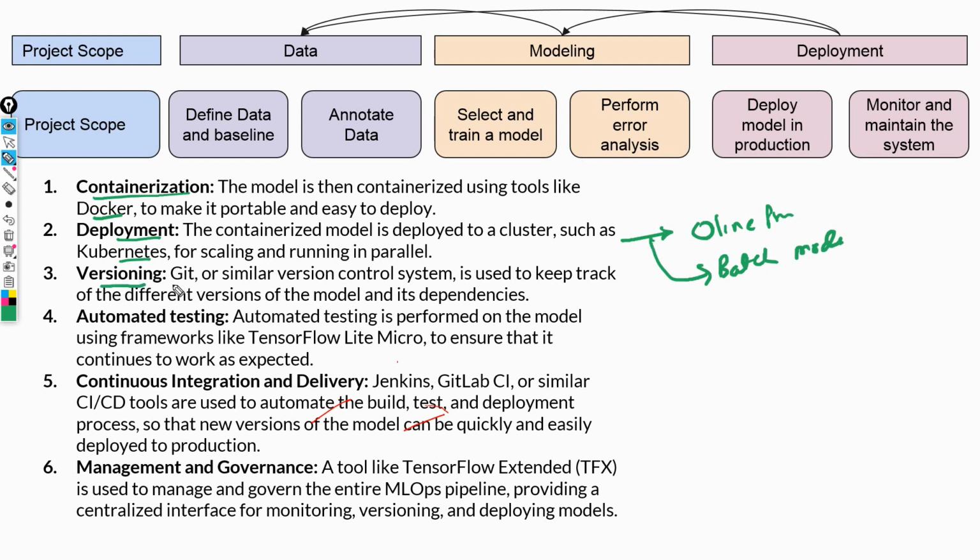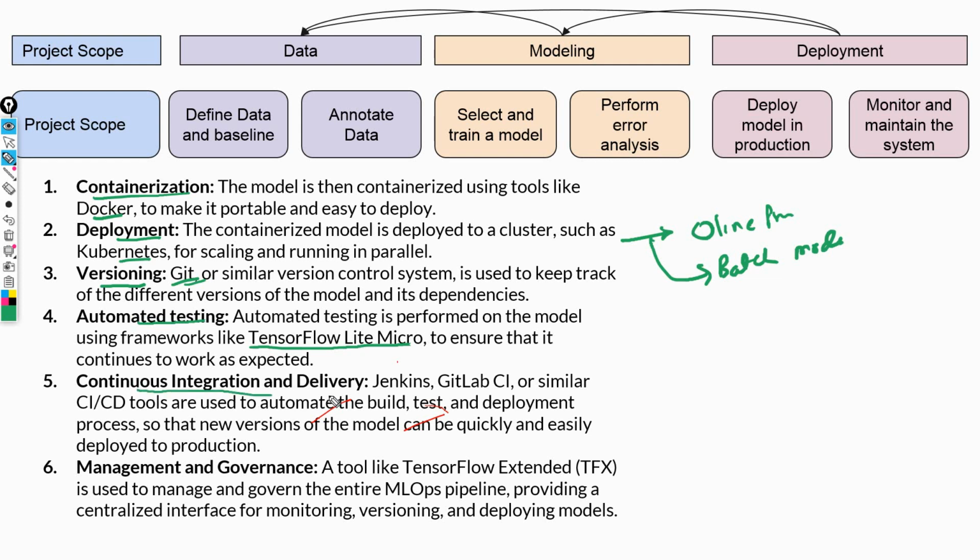On versioning, you have Git or a similar version control system which can keep track of your code. You have to do automated testing to make sure that the model is performing as expected. Something like TensorFlow Lite Macro can help you do the same.